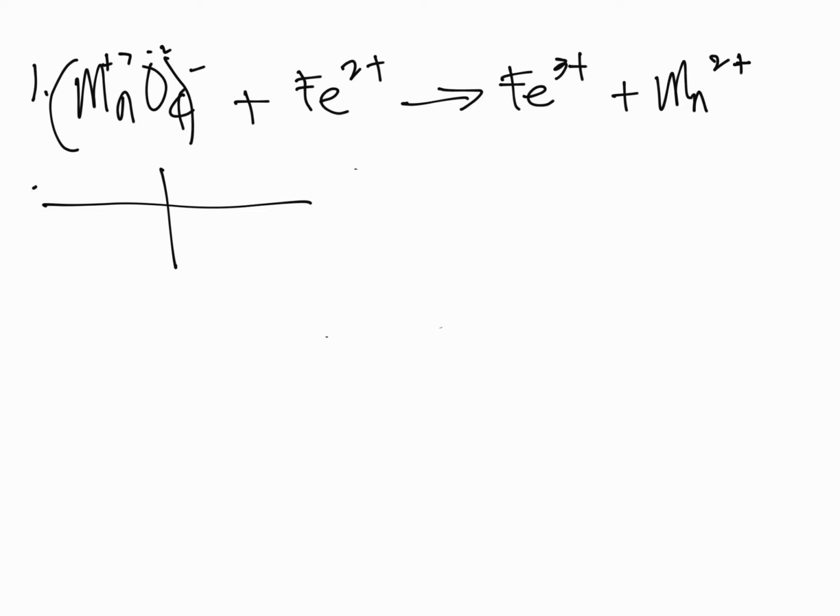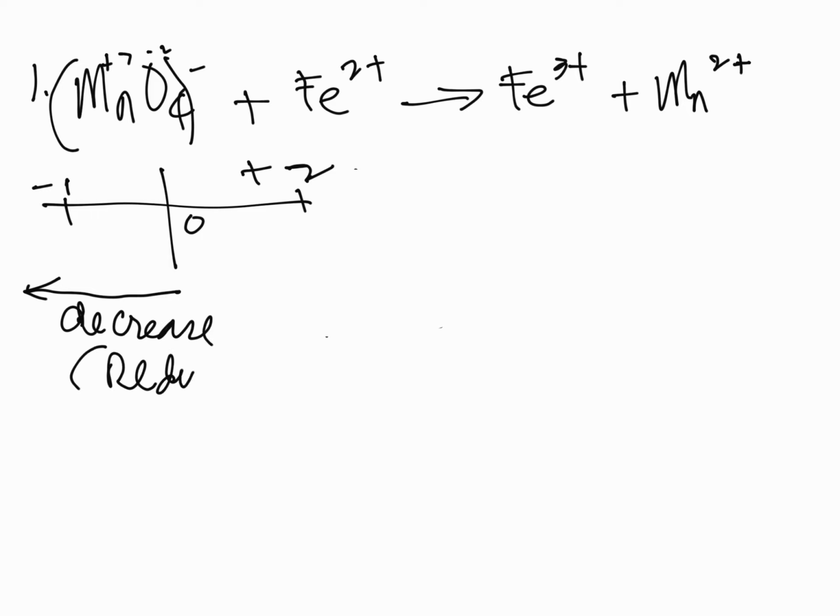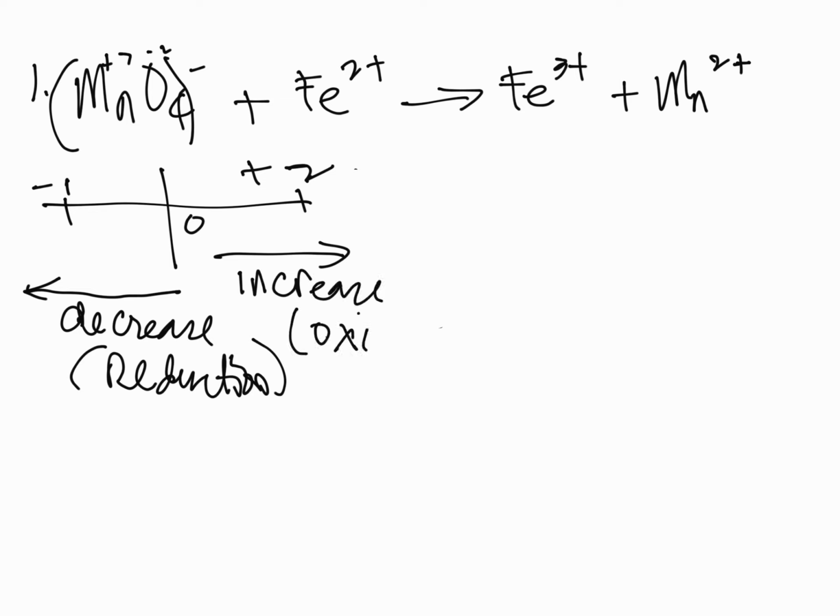Let's put it this way. Let's say -1 here, then this one is +2, then this is 0. If you see that there is a decrease in the charges, that's reduction. But if you see there is an increase in the oxidation number, of course this is oxidation.